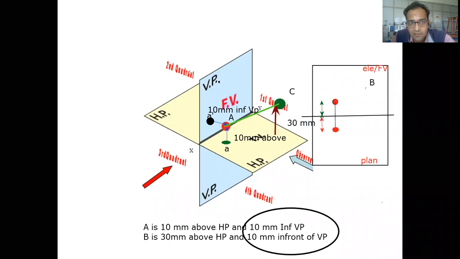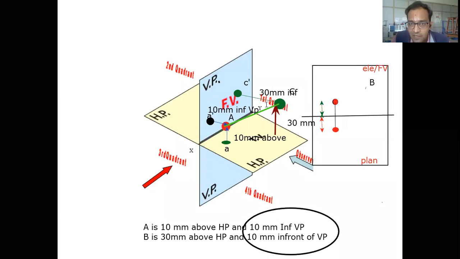Let me drop that one so that we can be more clear about that. So this is the projection, and we have point C's elevation over here in terms of C dash. So point C is 30 mm above HP, 30 mm in front of VP.